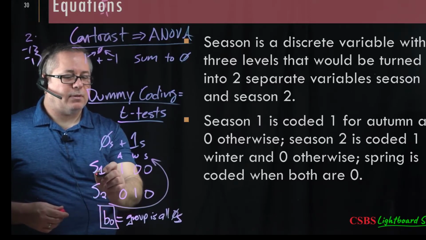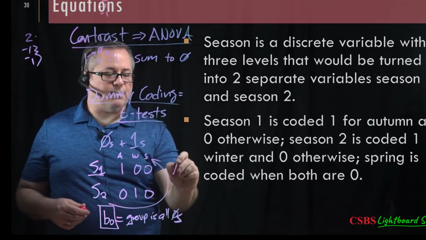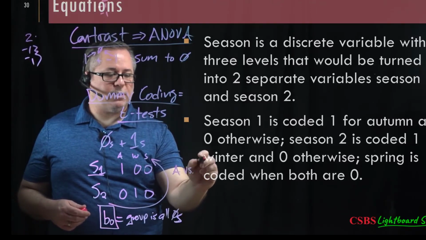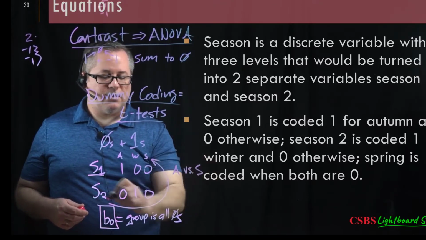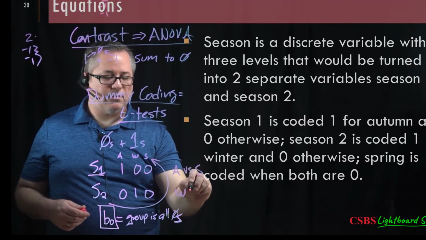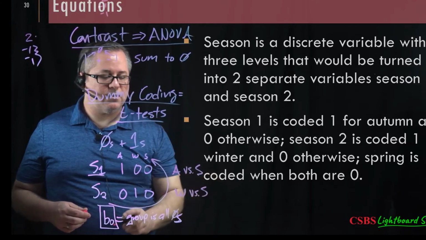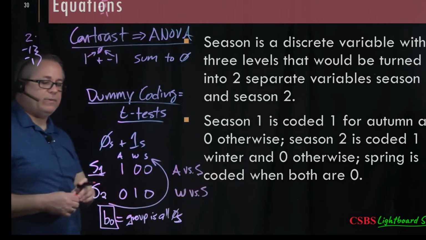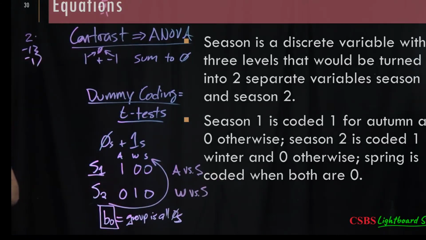Right? This one says this is basically autumn versus spring. And season 2 is winter versus spring. So both of these comparisons are comparing one of the seasons to spring.